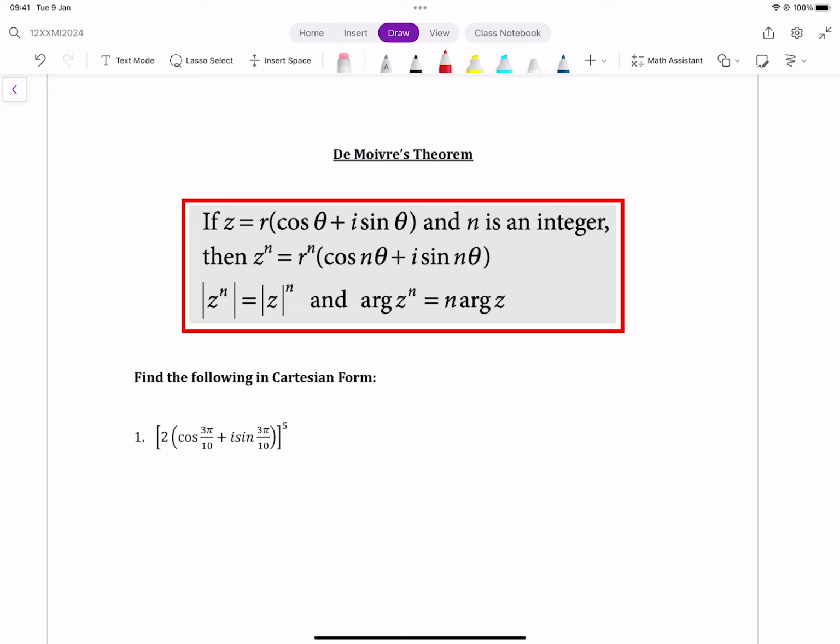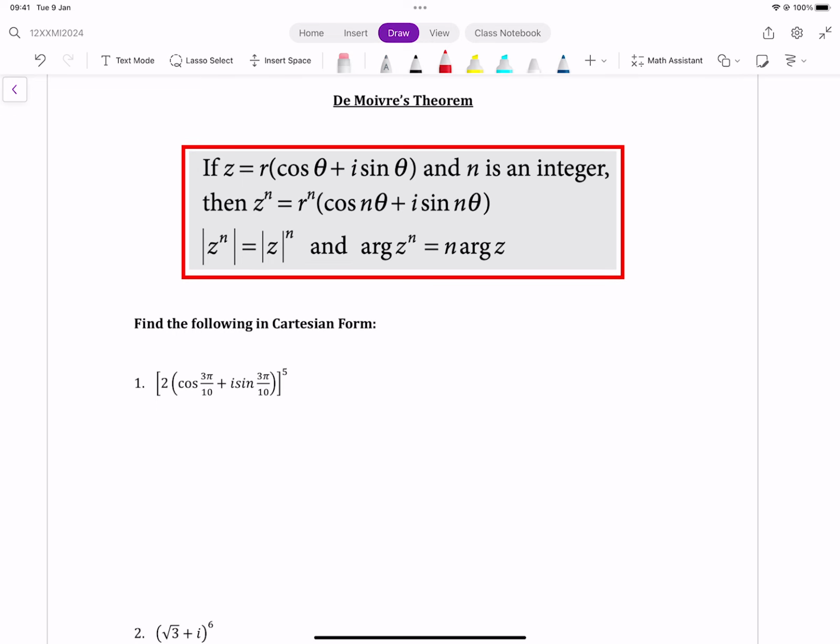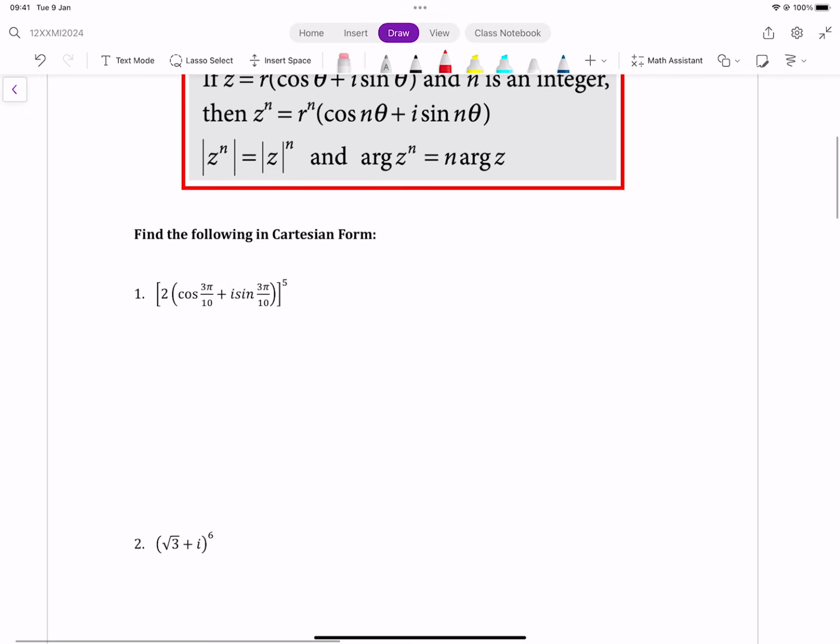When we have complex numbers in Cartesian form, to square them or cube them or raise them to a power, we have to use our binomial expansion laws, and it can take quite a long time. De Moivre's theorem allows us to take powers of complex numbers in a much faster way, and it does this by, first of all, applying the power to the complex number in modulus argument form.